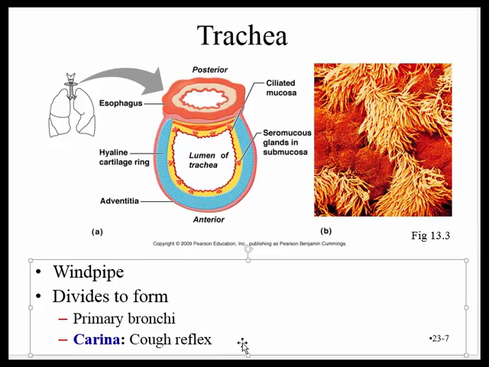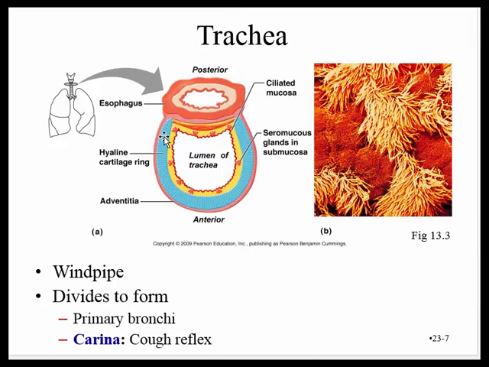And this is going to initiate your cough reflex. Basically, if anything other than air touches this carina, which is just like a little spur of tissue at the end of the trachea, that initiates the cough reflex, and then therefore you won't be introducing large particulate matter into your lower respiratory tract. So the trachea, very important.